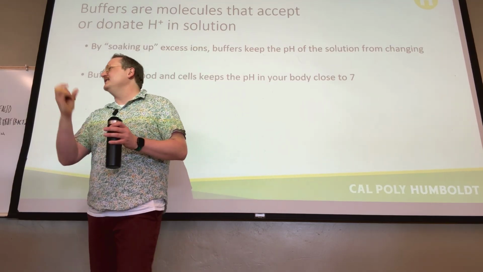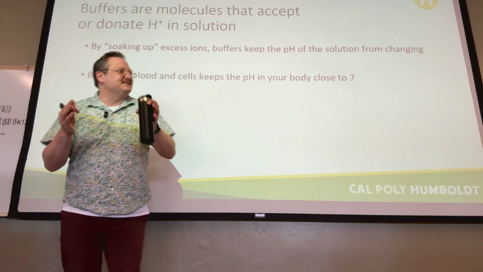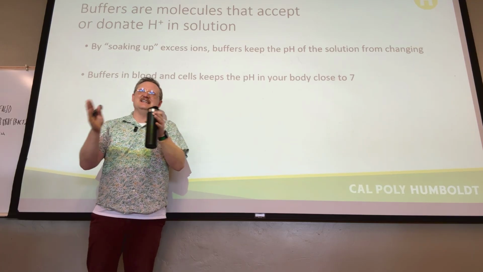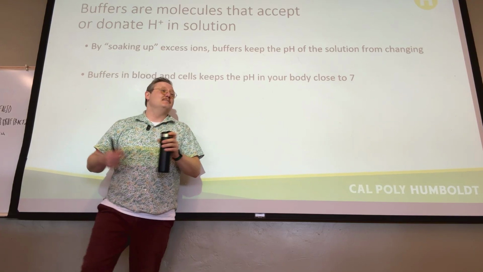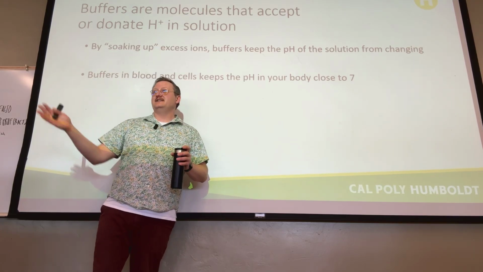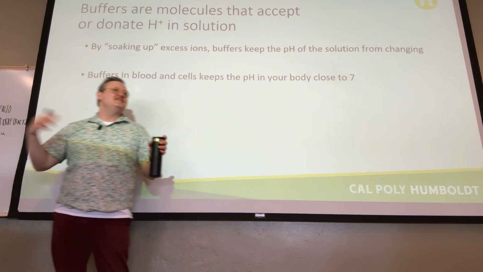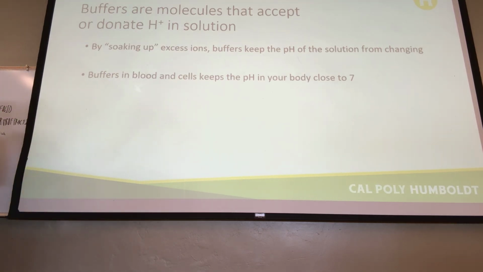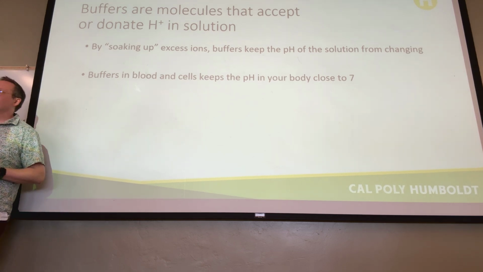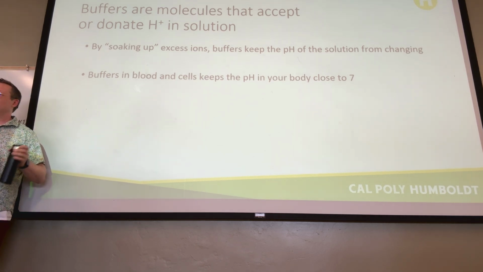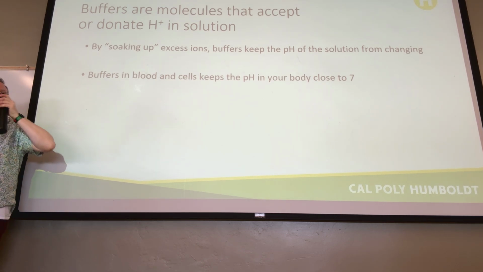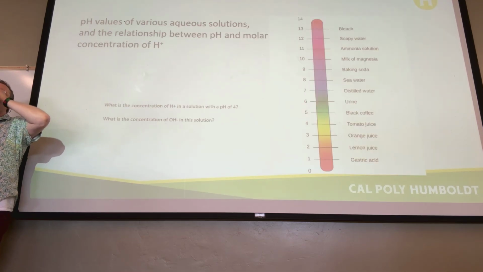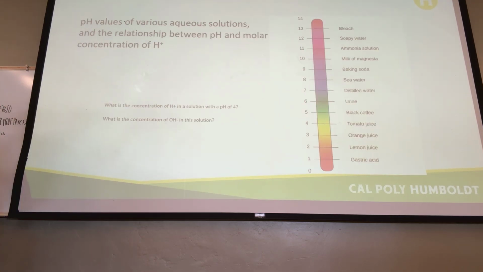Then you have all these different buffers that maintain pH near a certain level. So there are buffers that maintain pH near 4 and buffers that maintain pH near 10, okay? There are different types of buffers. We're not going to worry too much about it because it's not chemistry class. You just need to know that they exist. Cool? Awesome.